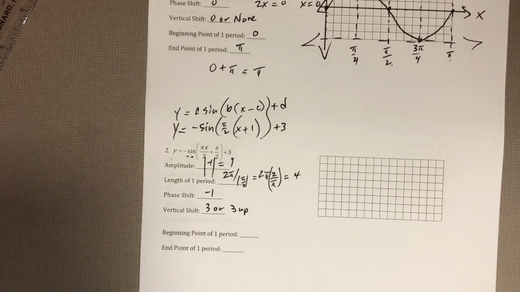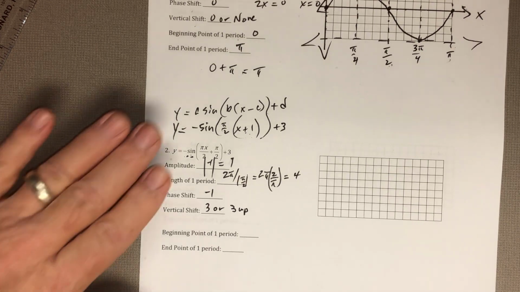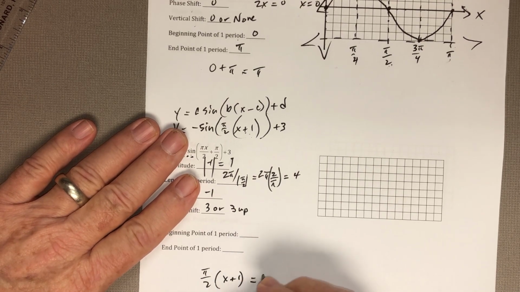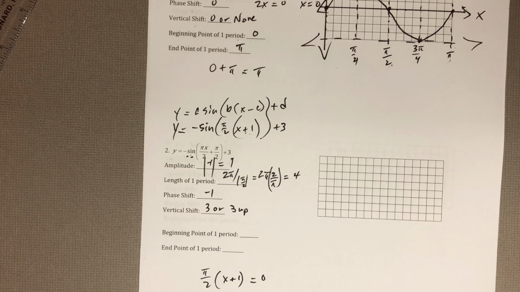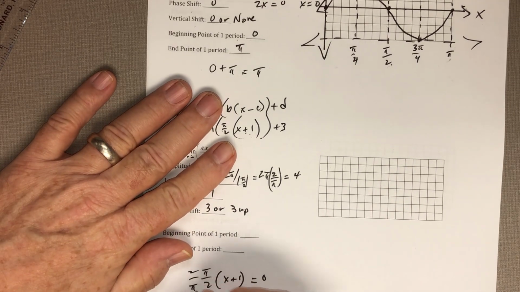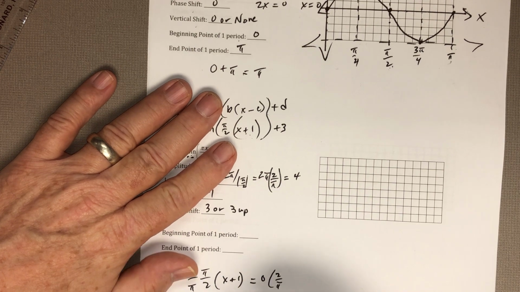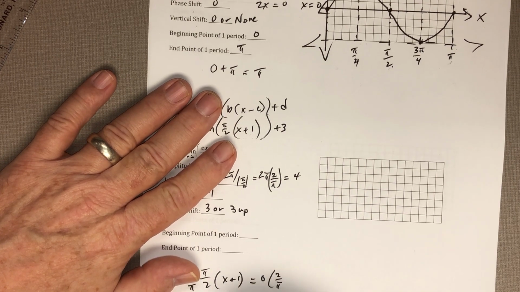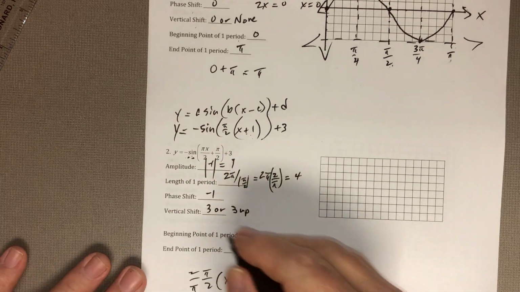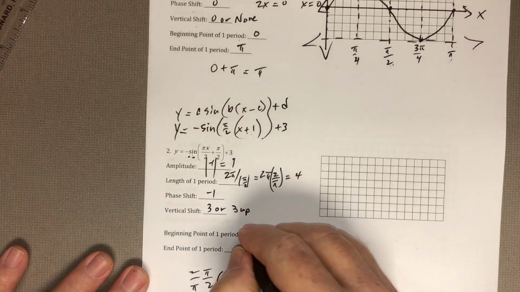And your beginning point: if you were to take pi over 2 times x plus 1 and set that equal to 0, you could multiply each side by 2 over pi, which is what I would do. Which means x plus 1 would equal 0, which means x would equal -1. So there's your beginning point right there, -1.